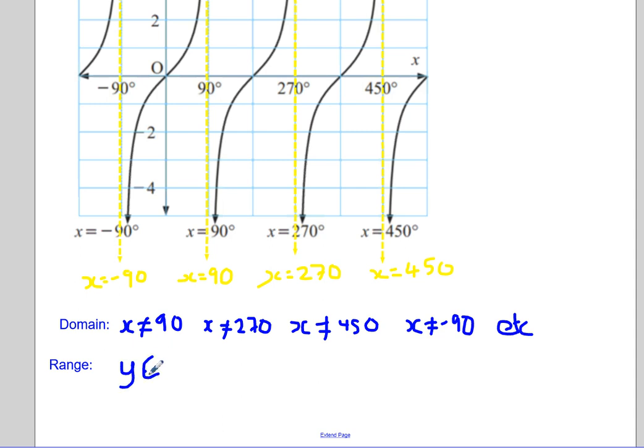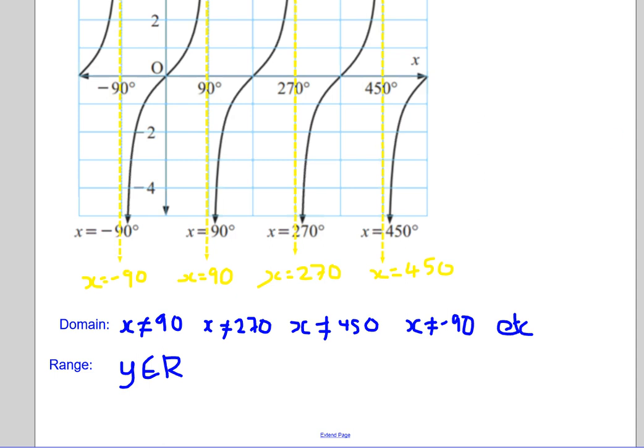A bit easier than writing the domain. That's a bit different to sine and cosine. For sine and cosine graphs, remember it was x is a real number, and y values were between -1 and +1. So different domain and range to sine and cosine graphs.